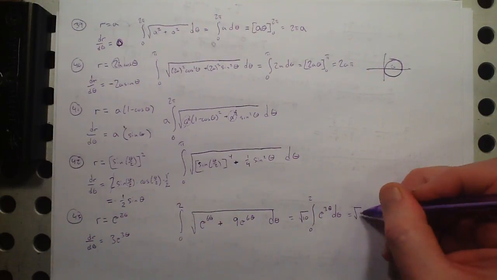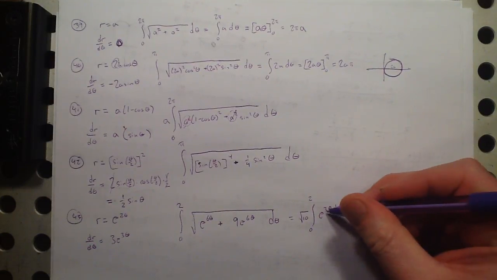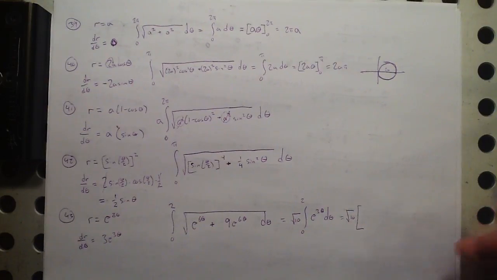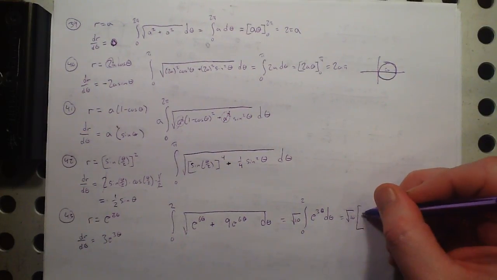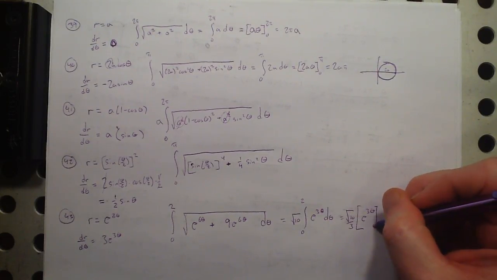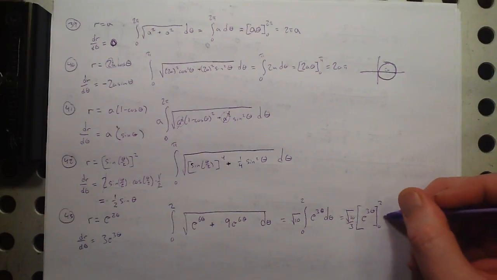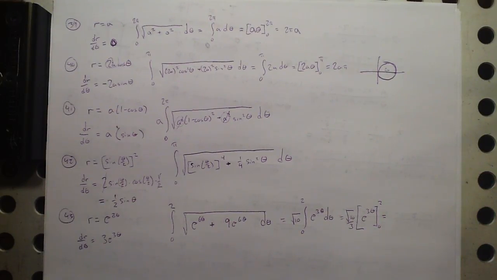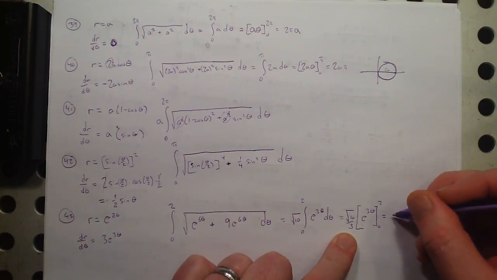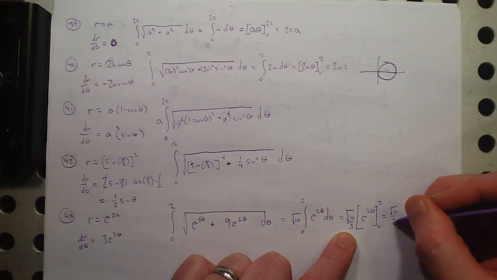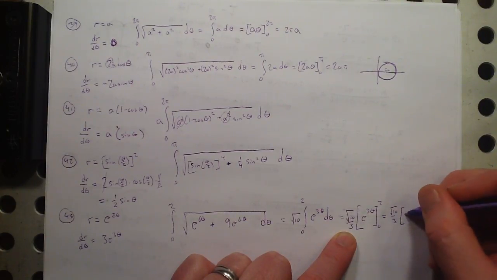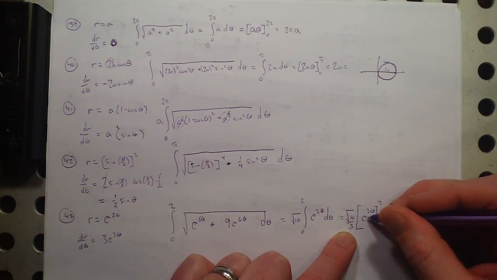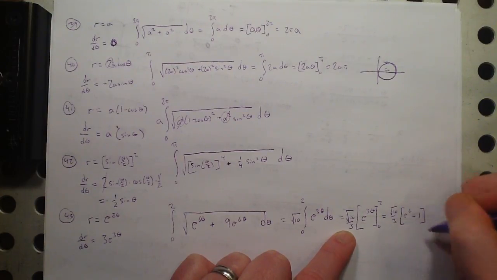So that's the square root of 10 times the antiderivative of e to the 3 theta, which is 1/3 e to the 3 theta. I moved the 1/3 out here because it's just a constant. So that's equal to the square root of 10 over 3 times e to the 6th minus e to the 0.